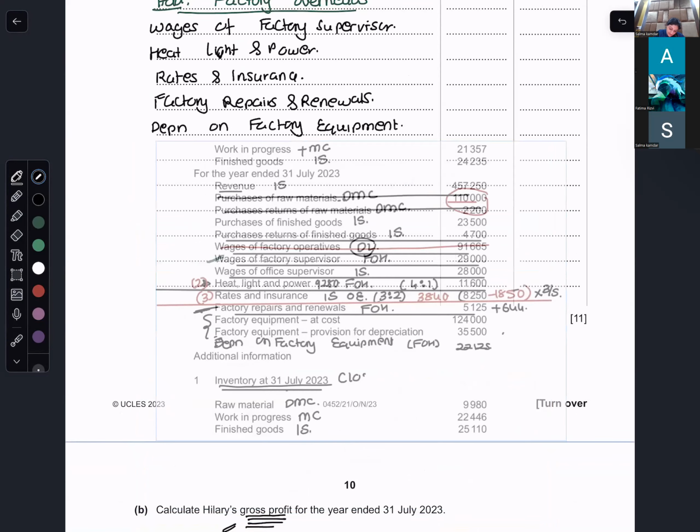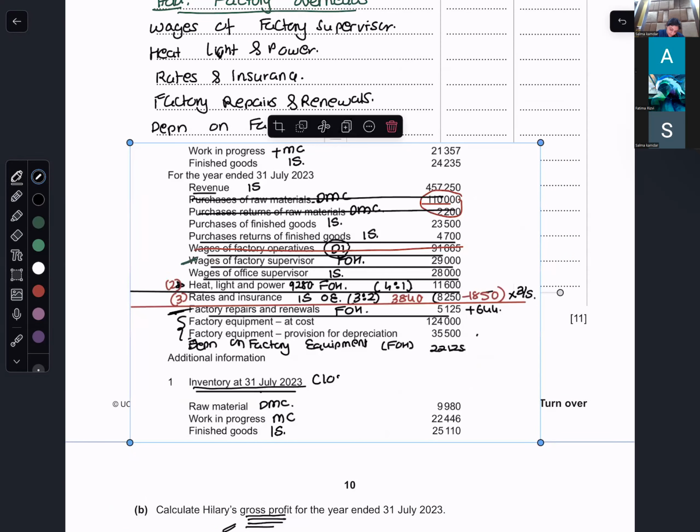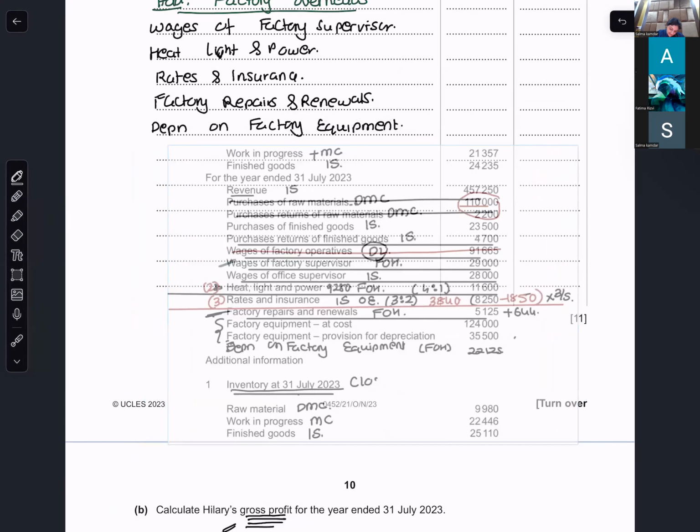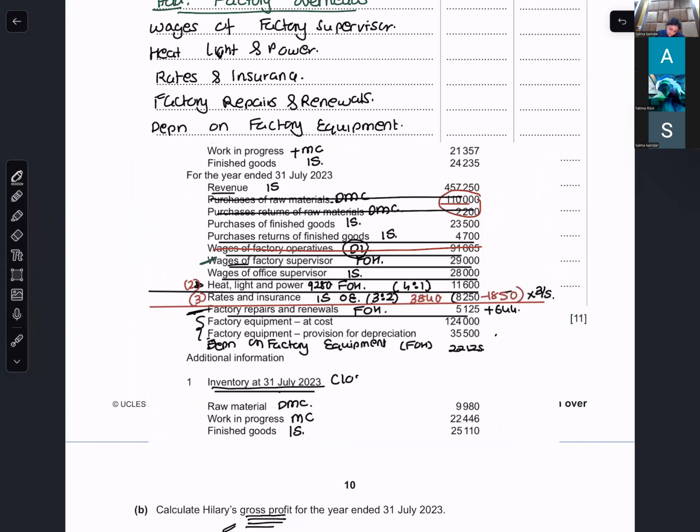Wages of factory supervisor is how much? 29,000. Done. Office supervisor I don't need. Heat, light, and power: 9,280.